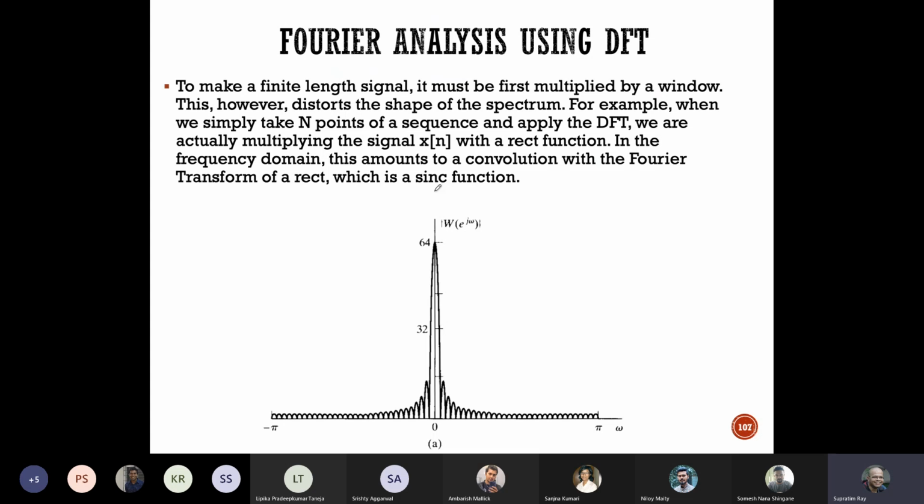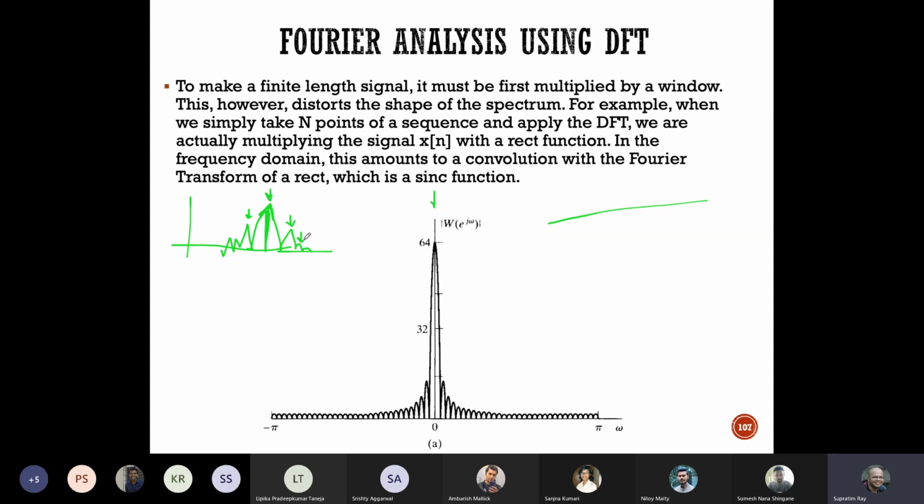Now, what this means is that if I have a delta function sitting at some frequency, a perfect sinusoid, when I convolve it with a rect, it's going to just put this thing here, which means you will not only have power at that frequency, you will also have some power at nearby frequencies.